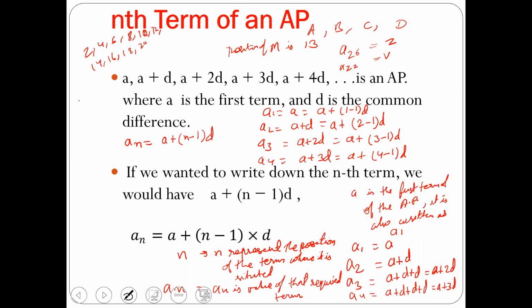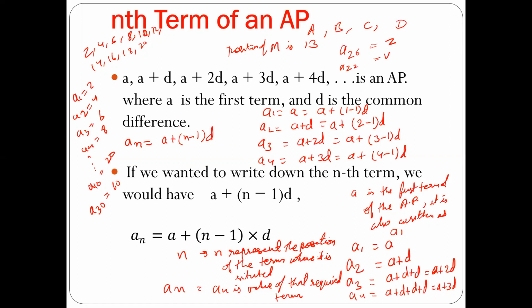Where A1 is equal to 2, A2 is equal to 4, A3 is equal to 6, A4 is equal to 8, such that A10 is equal to 20, so A30 is equal to 60.